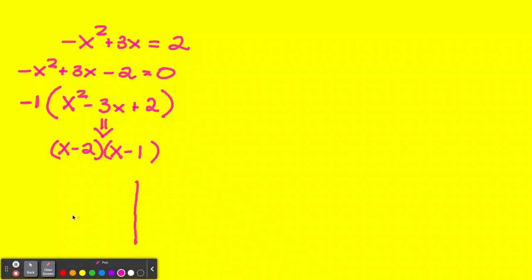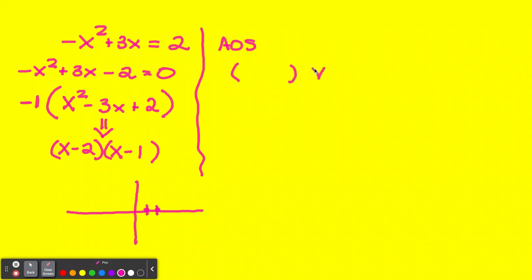And we'll make our rough graph. So we now know the roots are 1 and 2. It's right there. So we know what the roots are, but we're trying to find the axis of symmetry. What is the axis of symmetry? So we can find our vertex. What do you think it is?